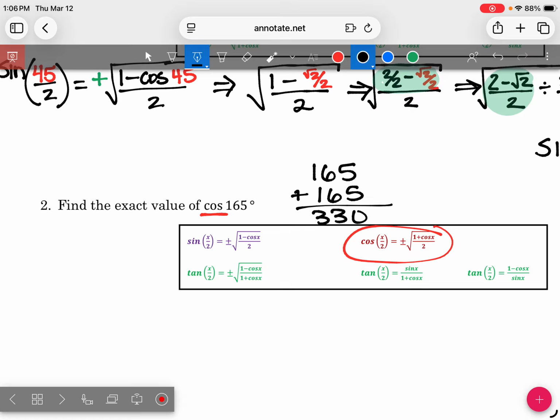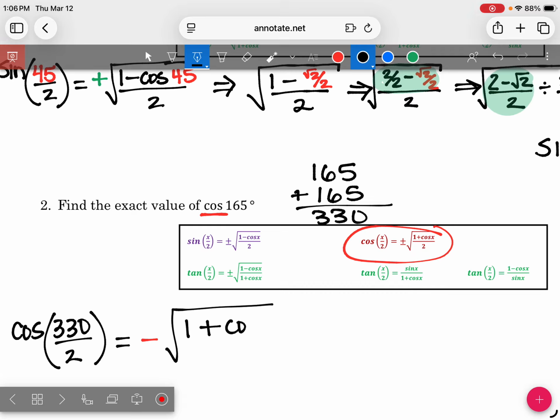So I have the cosine of 330 over 2. And that's going to equal, now I have to make sure I carry that negative through to my final answer. And that's going to equal minus the square root of, now it's 1 plus the cosine of 330 divided by 2.